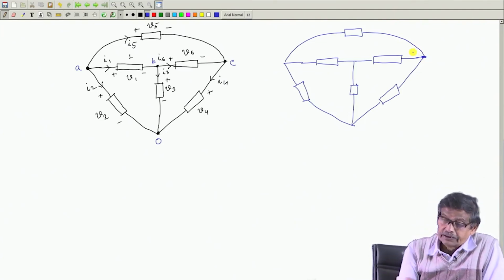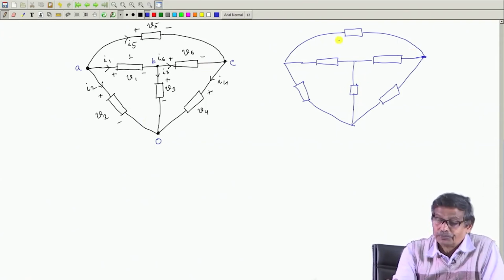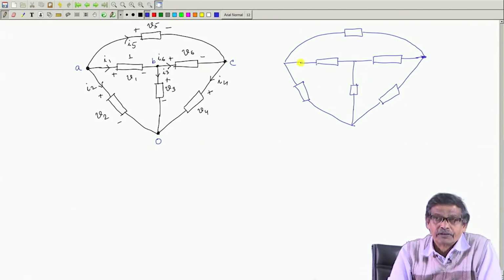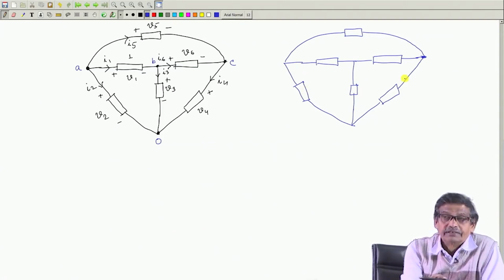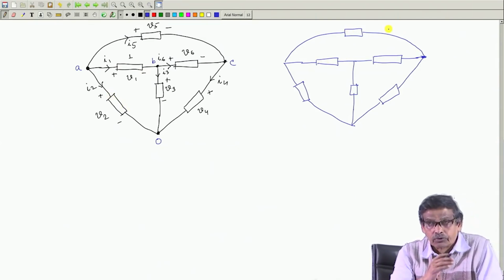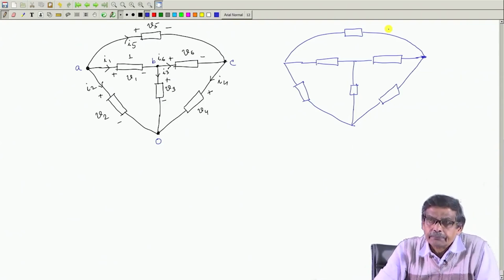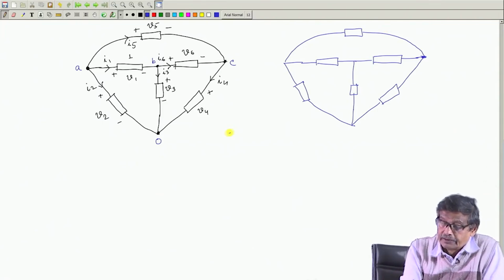Now, this network geometrically or topologically they are identical, okay, same type, 3 loops, 4 nodes and so on. But the only thing, these elements could be totally different from these elements. Another network, for example, here there was a resistance, here maybe there is an inductance, here there was a source is here.